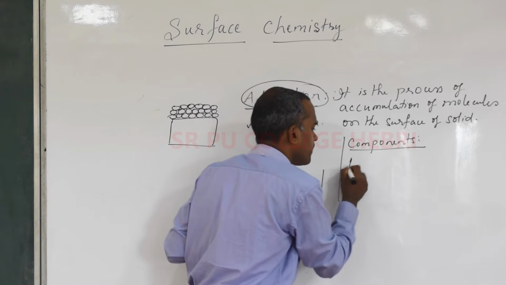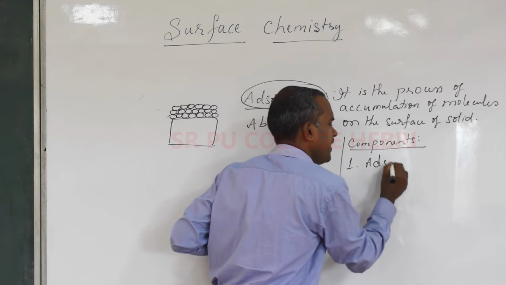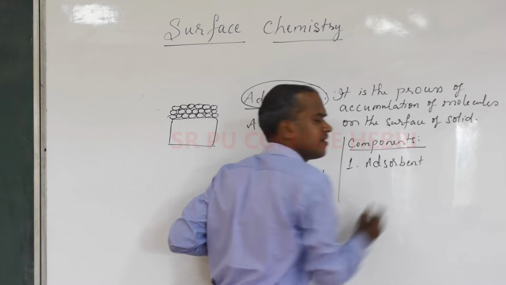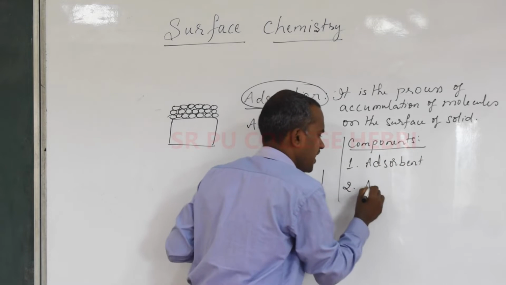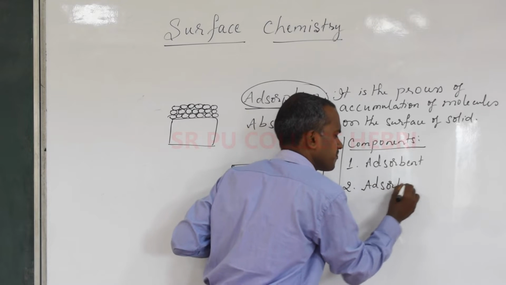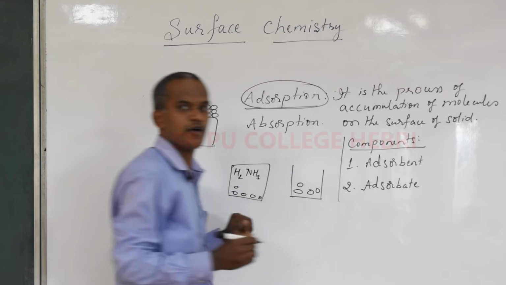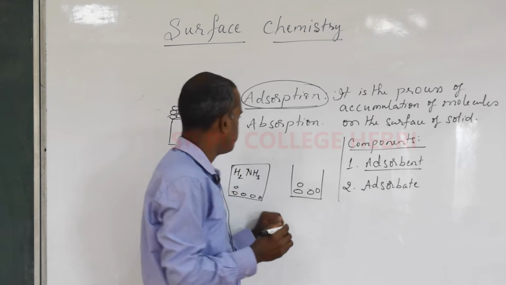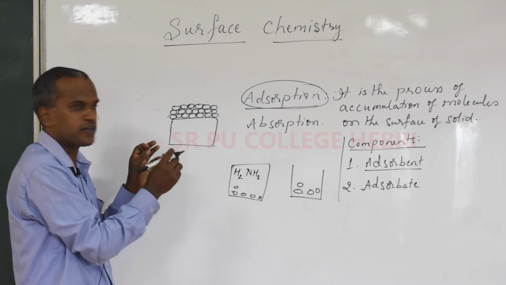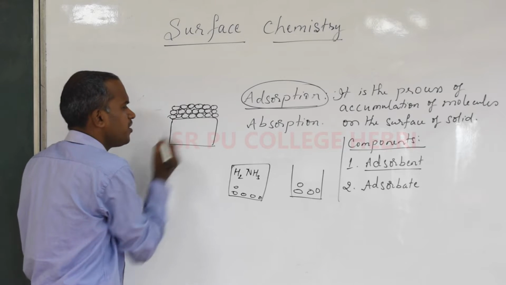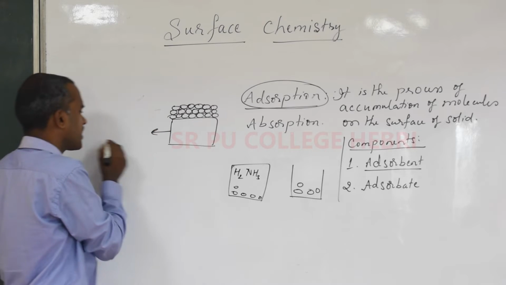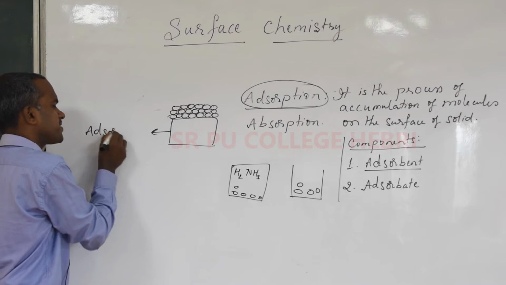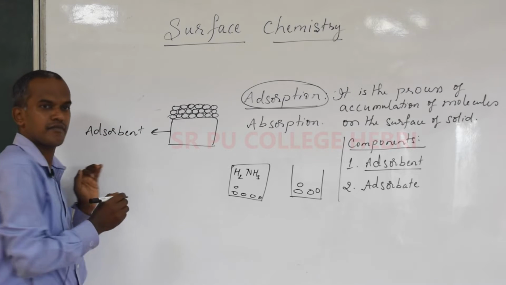So the first component is the adsorbent and the other one is the adsorbate. What is the adsorbent? Simple. In this accumulation process, the solid on which accumulation takes place is called the adsorbent.